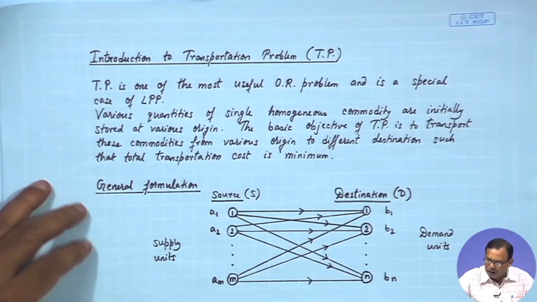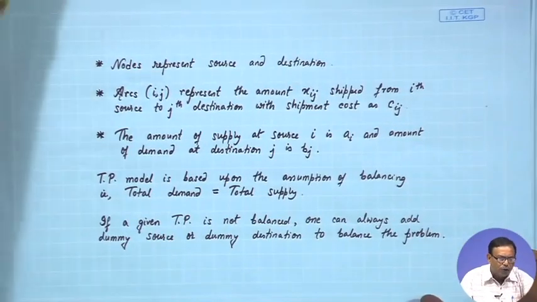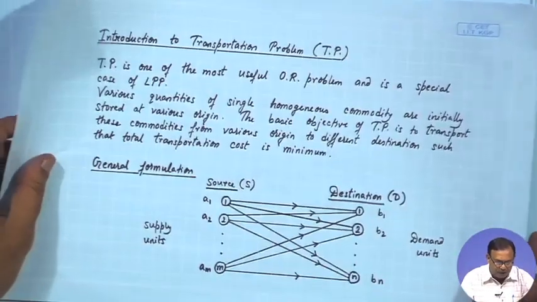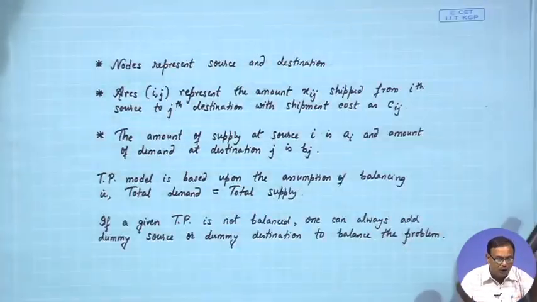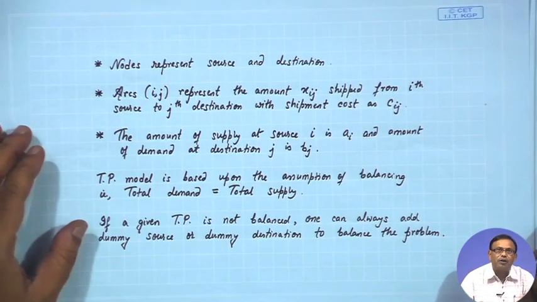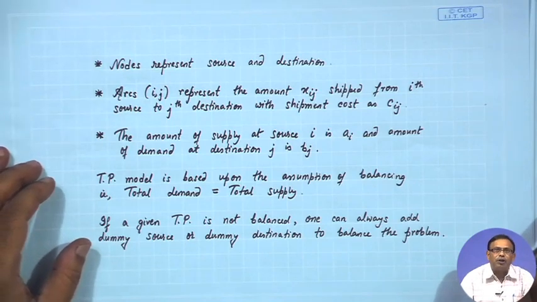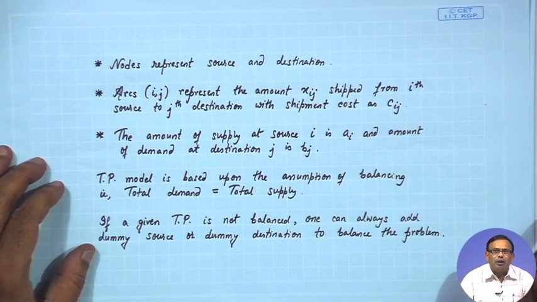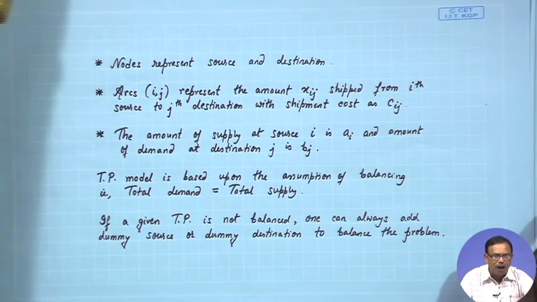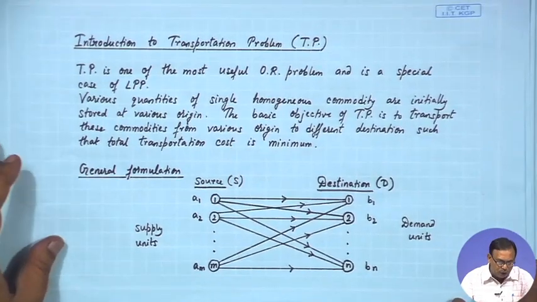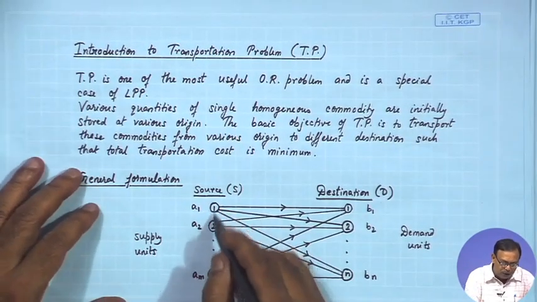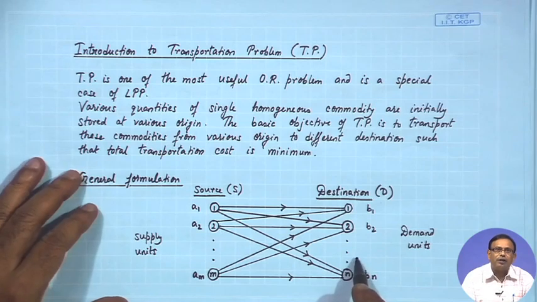The nodes, whatever we have defined over here, represent the sources and destinations. Now, the arc (i, j) represents the amount x_ij shipped from the ith source to the jth destination with shipment cost c_ij.